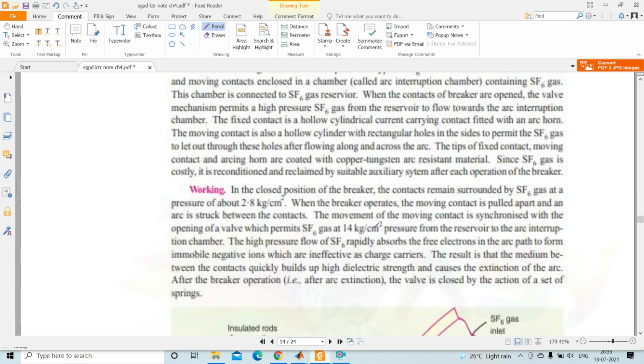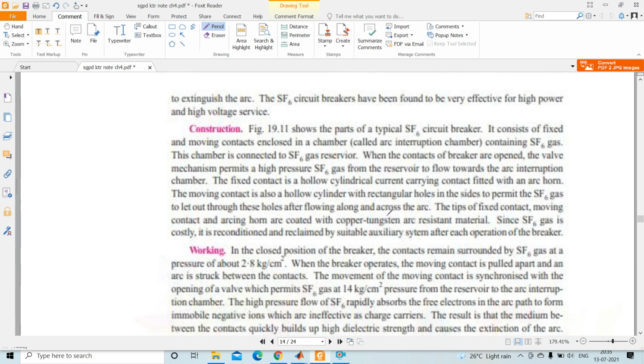See here its construction. It consists of a fixed and moving contact enclosed in a chamber called the arc interruption chamber, containing SF6 gas. This chamber is connected to an SF6 gas reservoir.